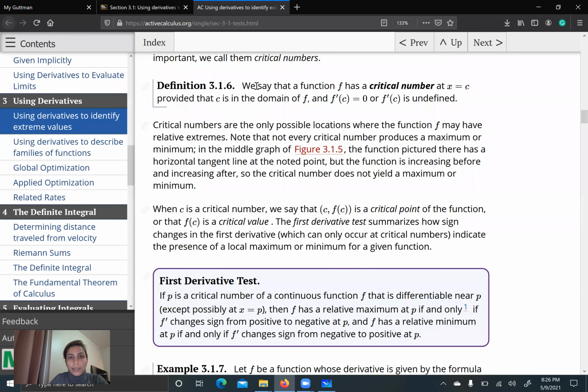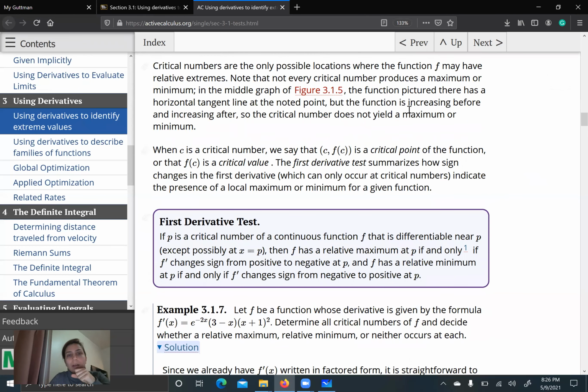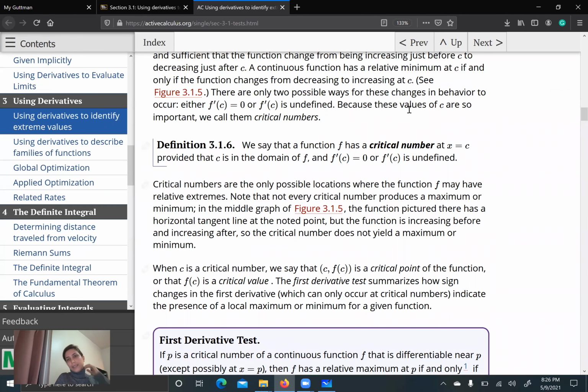So here is the formal definition of a critical point. We say that a function has a critical point at an input value c if the derivative at c is 0 or the derivative is undefined at that point. Now, it's easy to determine critical points because it all depends on the derivative.